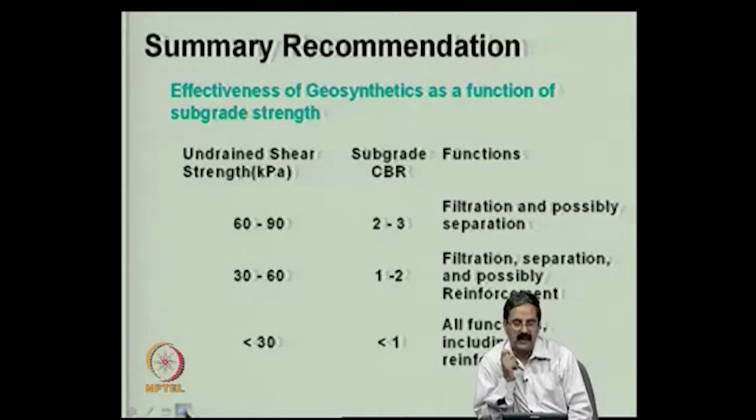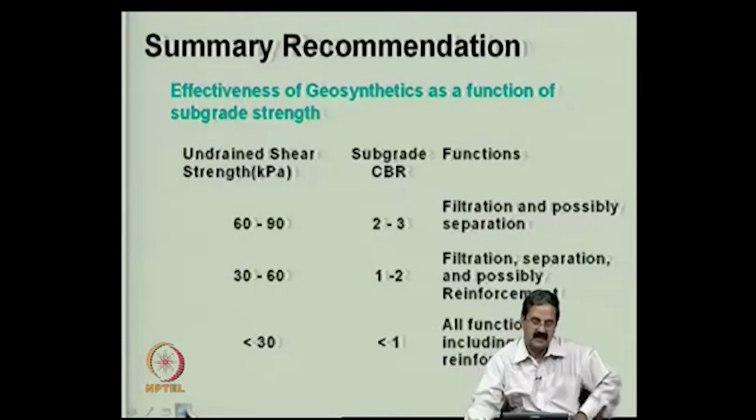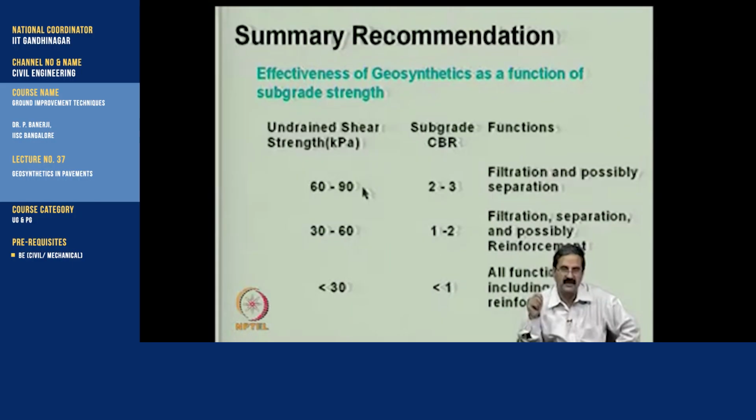So, how effective they are, to what extent they are effective, is a function of the subgrade soil strength. If for the soil subgrade you do a vane shear test or a CU test, you will get the undrained shear strength, say 60 to 90 kPa. As I said, CBR will be in the range of 2 to 3, because 1% CBR equals 30 kPa.